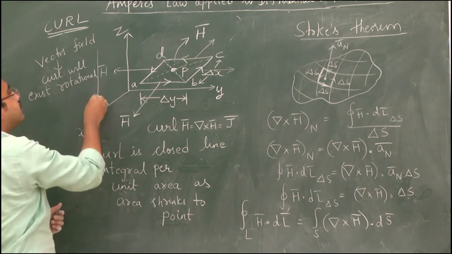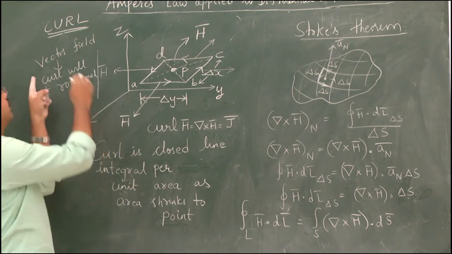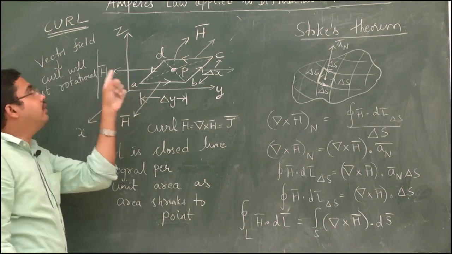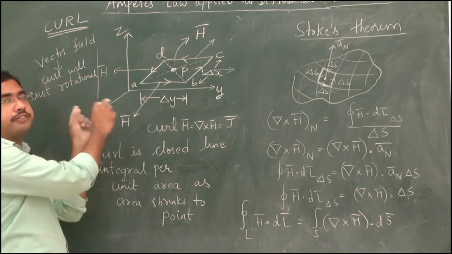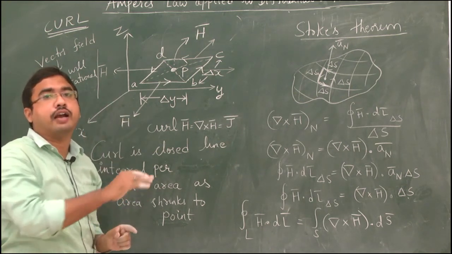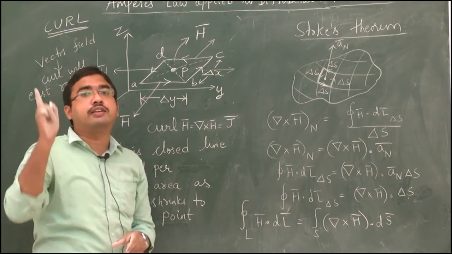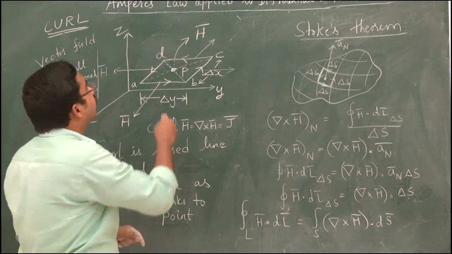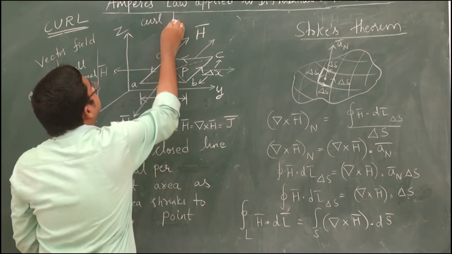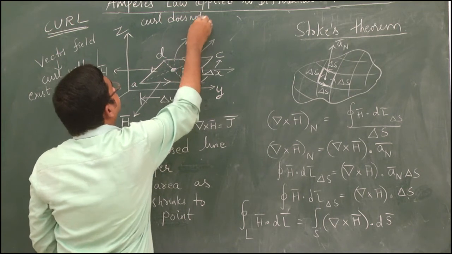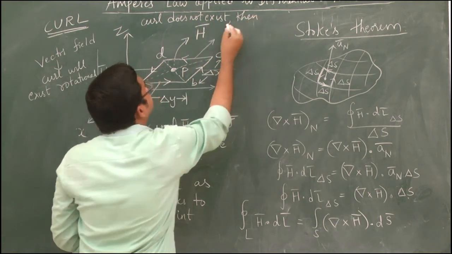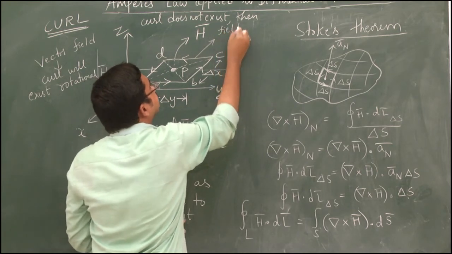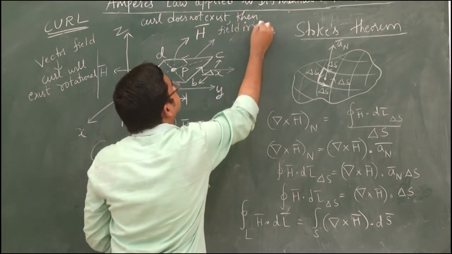Okay, this point is very important for bits. If you consider a vector field, curl will exist for that field only if that field is rotational. If curl does not exist, then that field is irrotational.